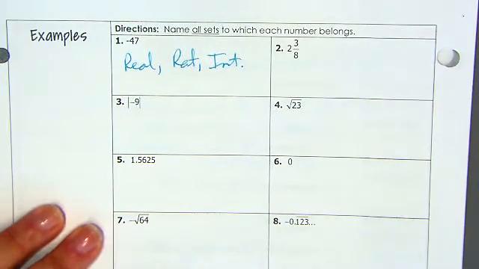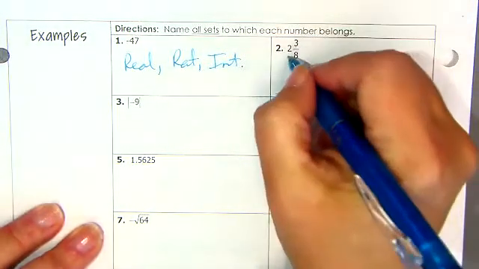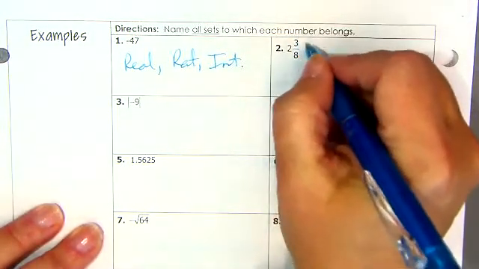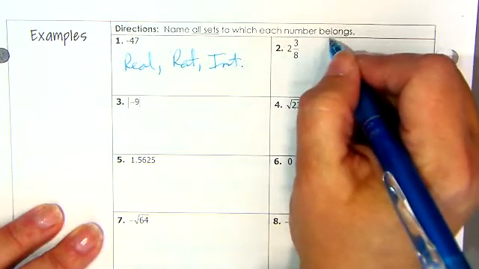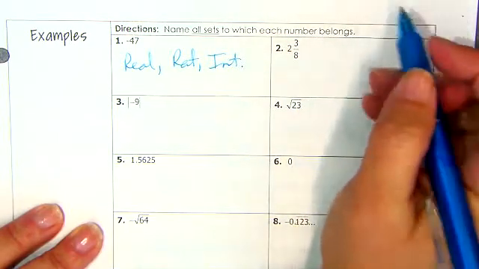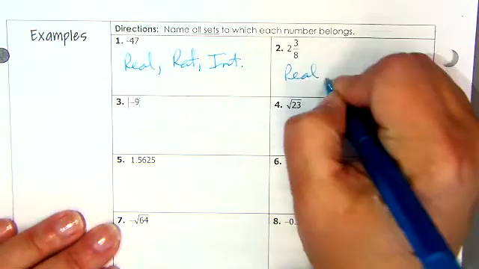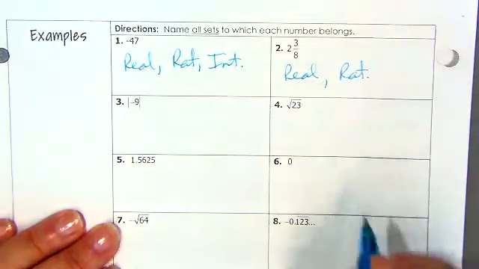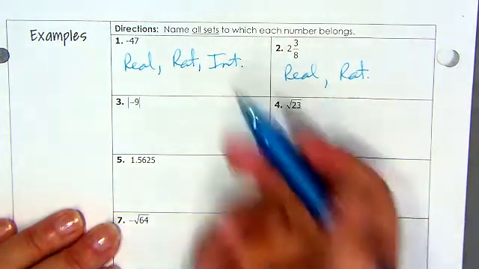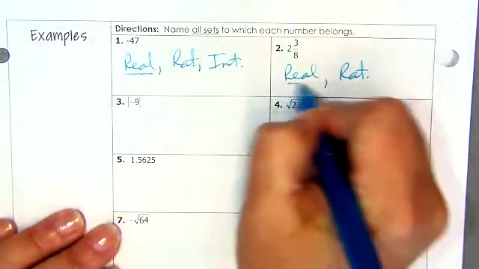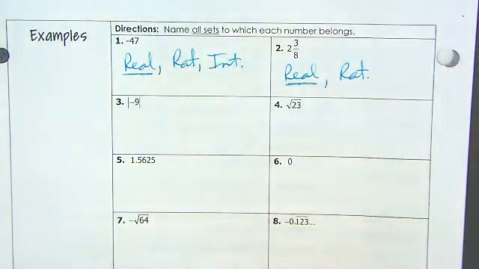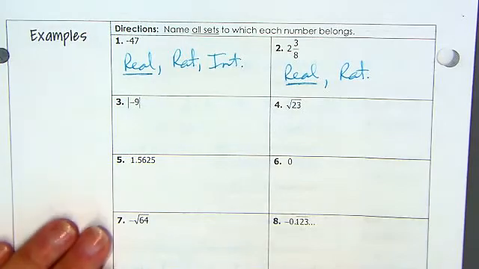Notice you can shorthand them. Next, 2 3/8. I can't simplify this to a whole number, so it's not an integer, whole, or natural. It's written as a fraction, so it is rational. And for all of our purposes, every number is going to be real, because these are all rational or irrational.